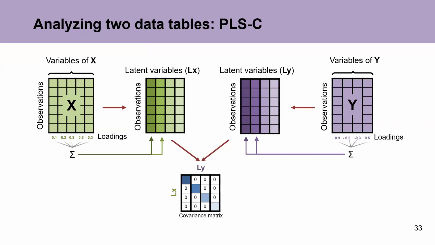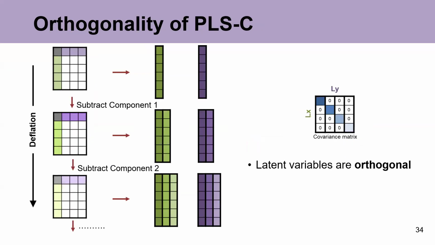Okay. So what this is doing is actually deflating the correlation matrix that we showed earlier that we put into the SVD. What is special about this is it brings a very special case of orthogonality. Remember in PCA, we have component 1 orthogonal to component 2 to component 3 and so on.